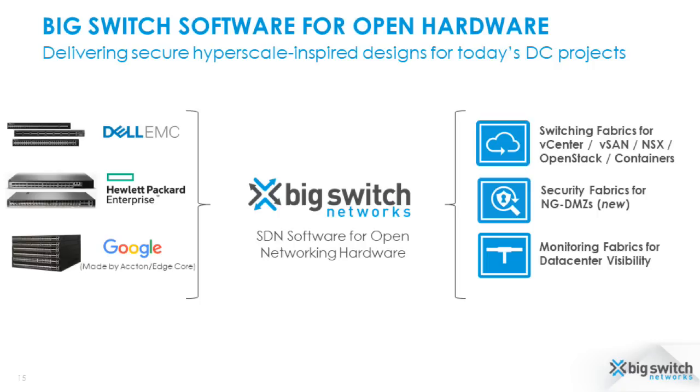Networking's been stuck behind for quite a long time, and we've ended up with these vertically integrated stacks. So now we're separating the hardware and the software layers. What we also do, which is a key concept, is we use an SDN controller, so we centralize the control plane. On each one of the open networking switches, there will be a Big Switch operating system.